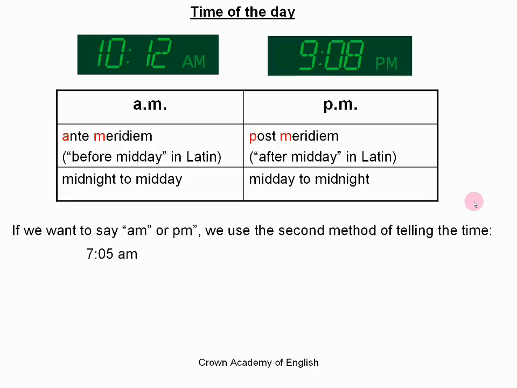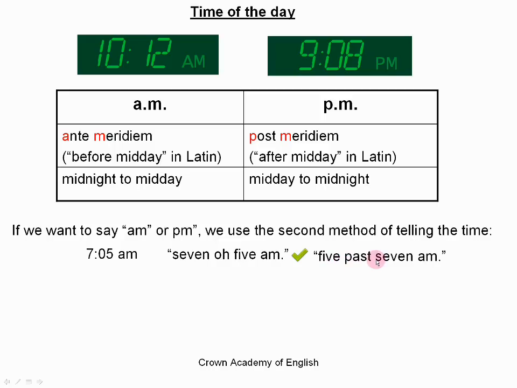Example. If this is the time, then when we say this time, we say 7:05 AM. That is correct. But we do not say five past 7 AM. Okay?